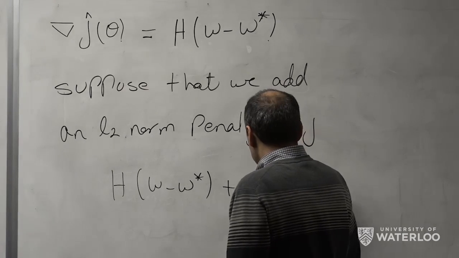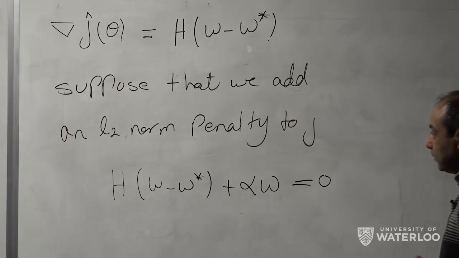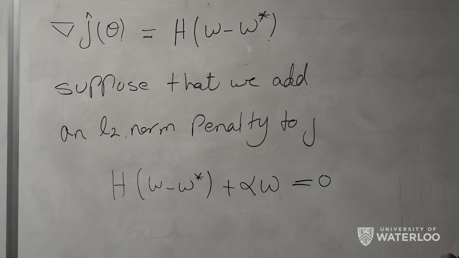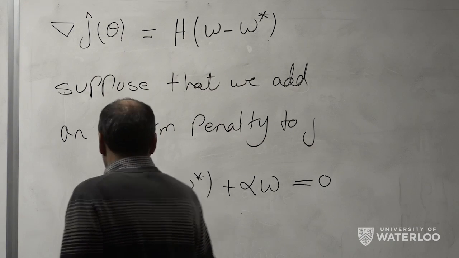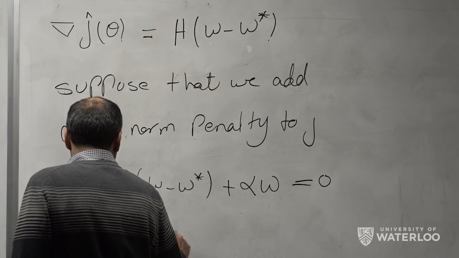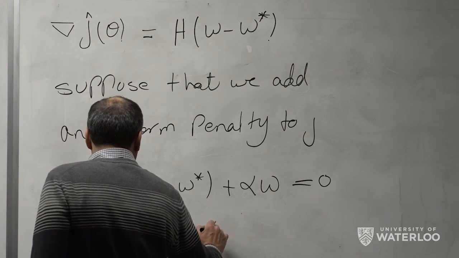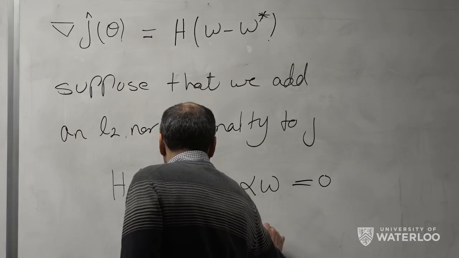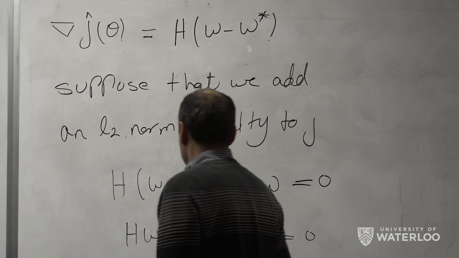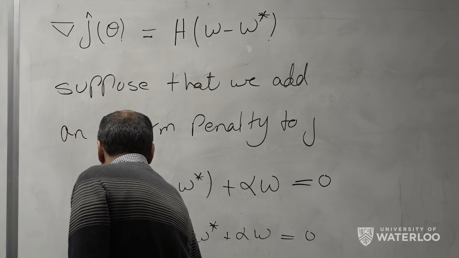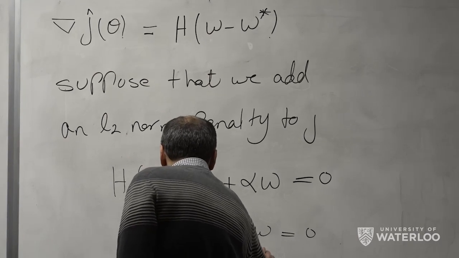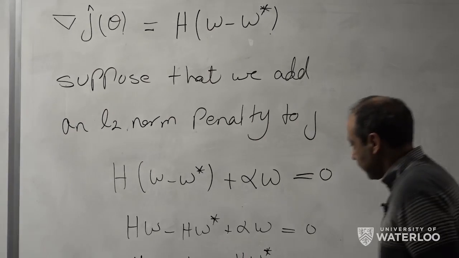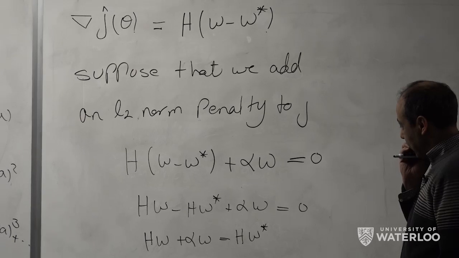Now, if I set this equal to 0, what's going to happen? I can write it as Hw minus Hw star plus alpha w equal to 0. Then Hw plus alpha w is equal to Hw star.